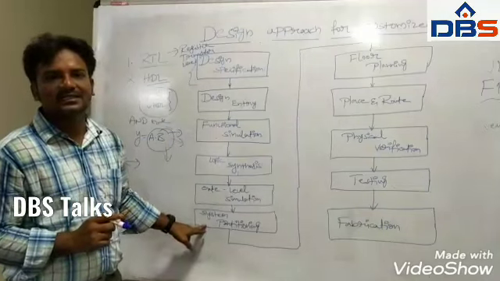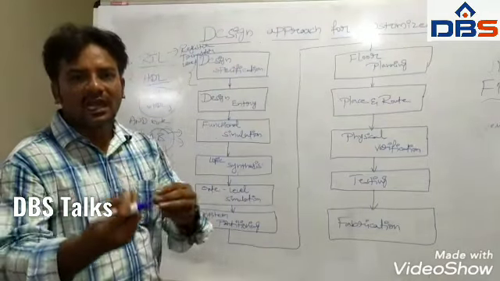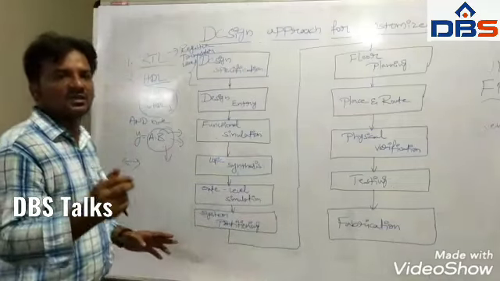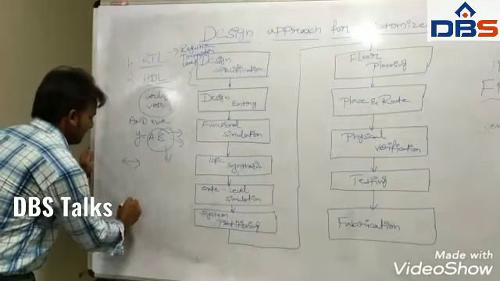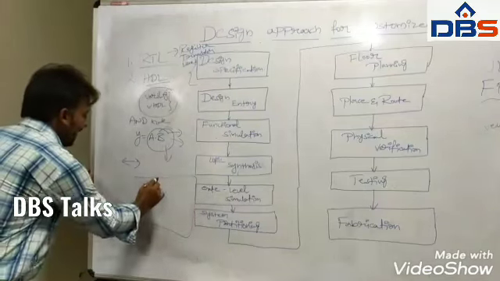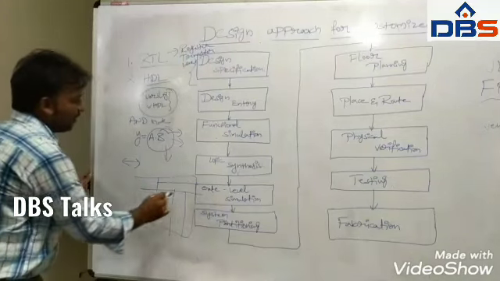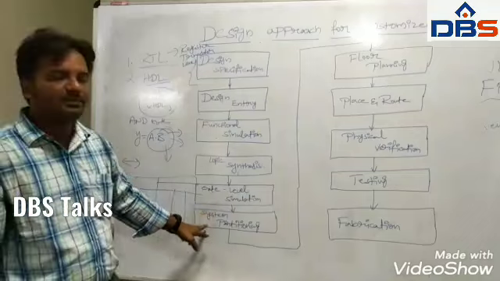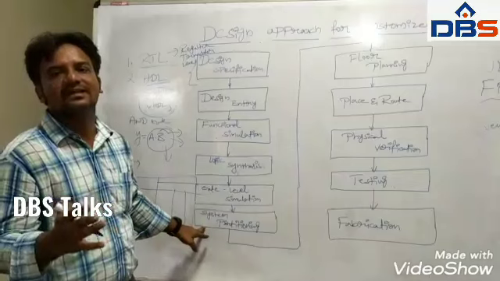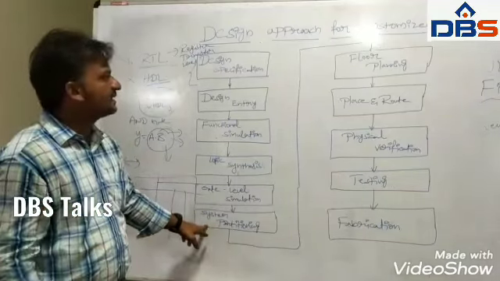And system partitioning is nothing but converting a larger module into smaller modules. For example, whenever we are constructing a building, we have to plan a proper space for every module. That is system partitioning. That is, whatever large module or large design there is will be converted into sub-blocks or sub-designs using system partitioning.